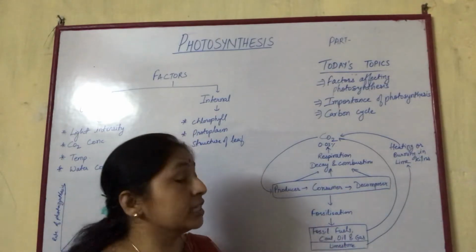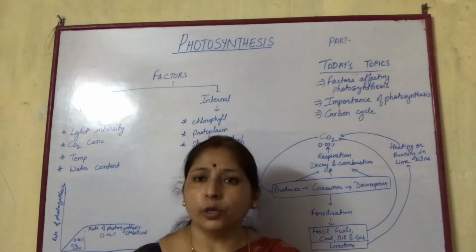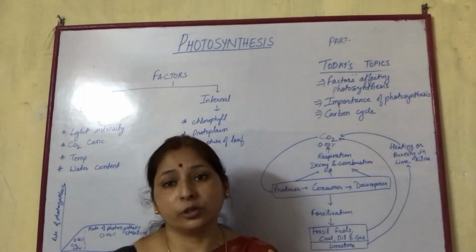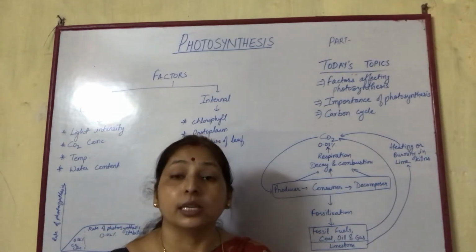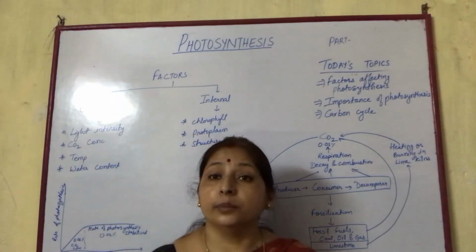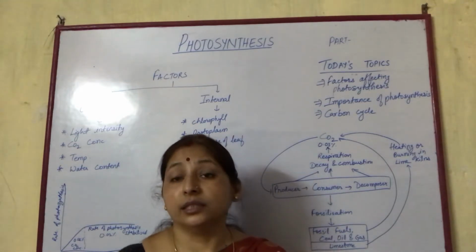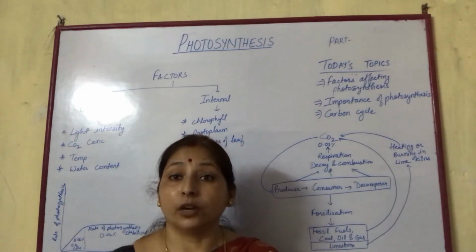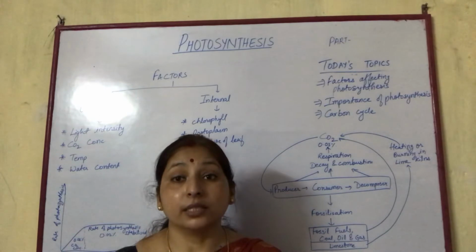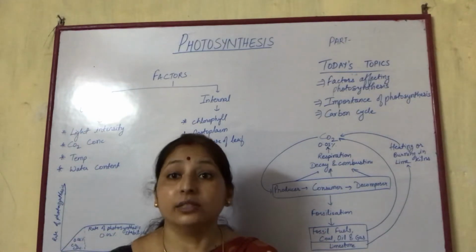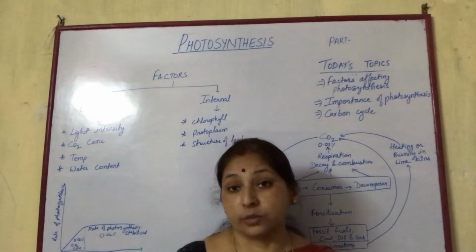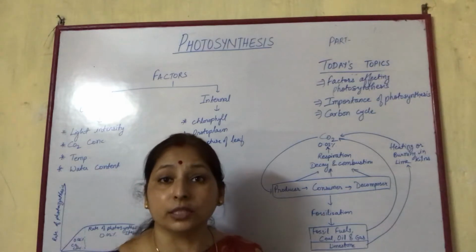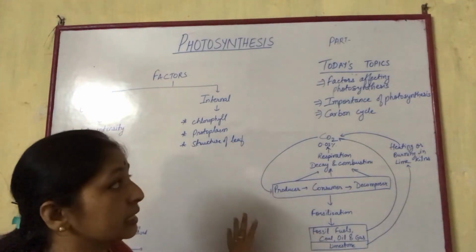Then the importance of photosynthesis, which we have also studied, but since this topic is given in your book, it is included. Then the carbon cycle, how the carbon utilized by the plant is returned to the atmosphere, the complete cycle of carbon dioxide taken in and released by various organisms. So let's start with the first topic, factors affecting photosynthesis.